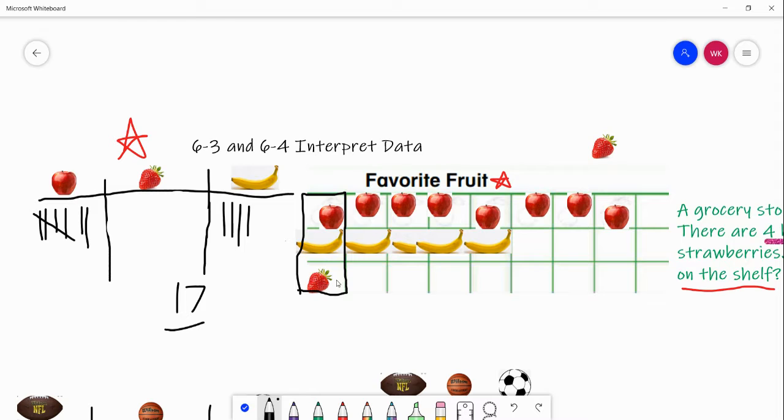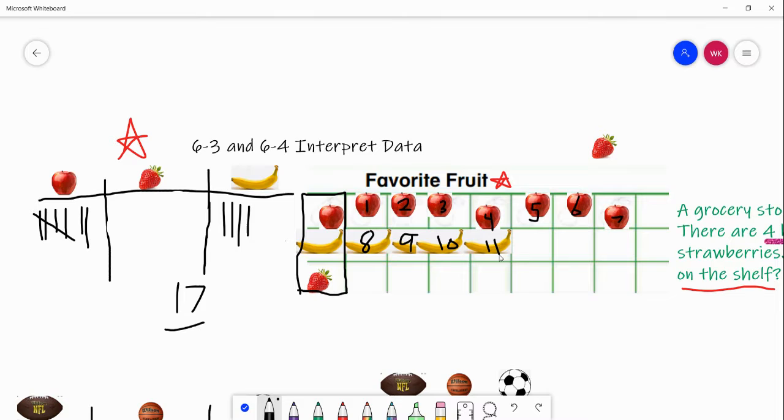To figure out how many strawberries there are, you can just count because we're trying to get to 17. So we have 1, 2, 3, 4, 5, 6, 7, and then 8, 9, 10, 11.